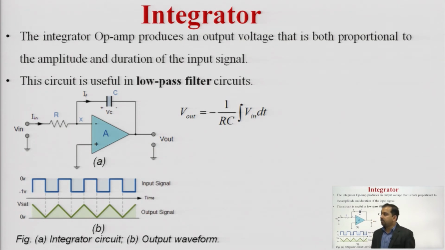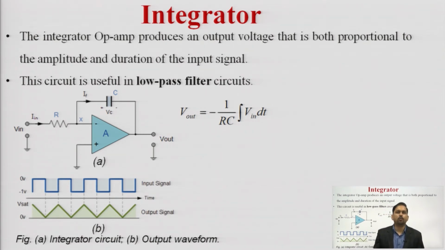Now this integrator circuit, we can achieve with the help of a capacitor and an inductor both. First of all, we'll see how we can achieve this with the help of a capacitor. For this integrator, the output is available in an integration form of the input signal.